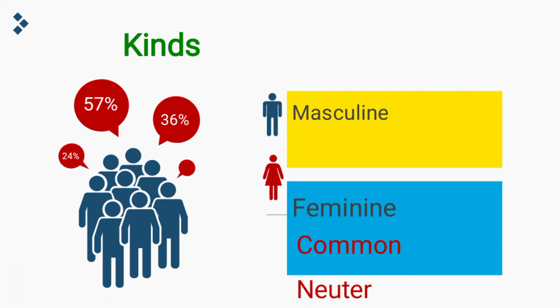Yes, this is neuter gender. And which gender is used for both male and females? Yes, this is common gender. And for the male members, we have masculine gender. And for the female members, we have feminine gender. So we have 4 genders: masculine, feminine, common, and neuter.